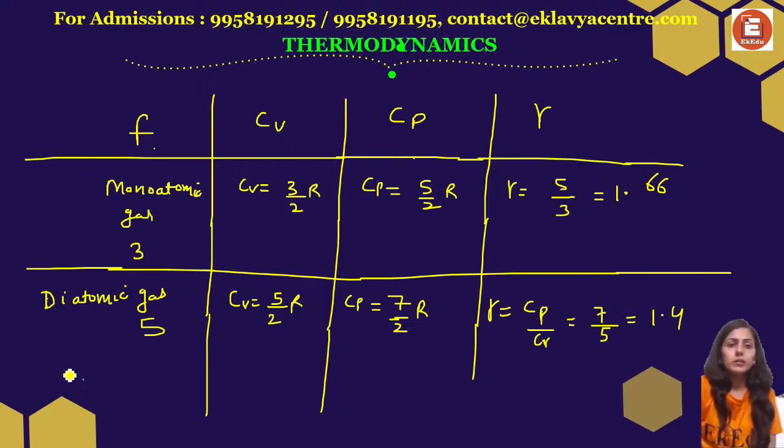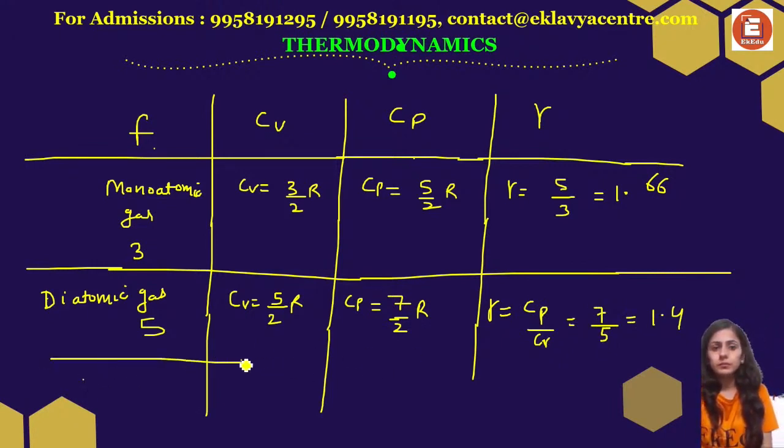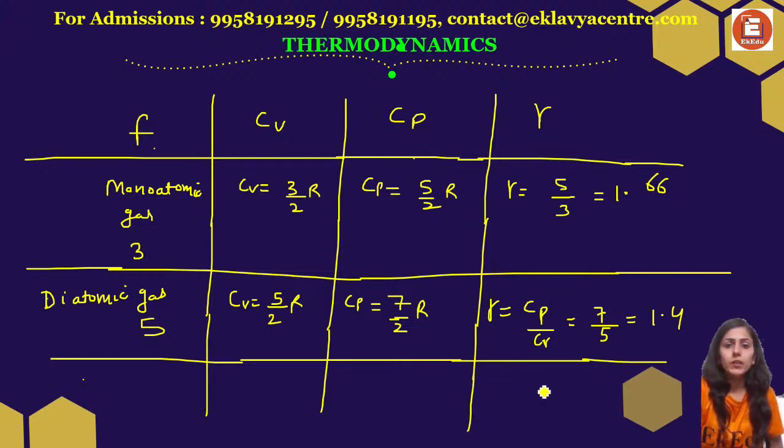Next, for polyatomic. It's easier if the data is given in tabular form. You can do the comparison also, and you can easily learn.